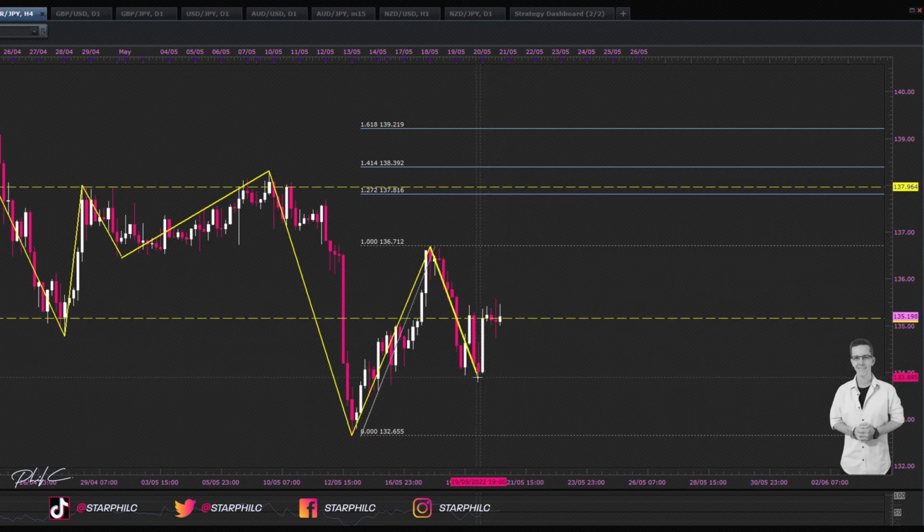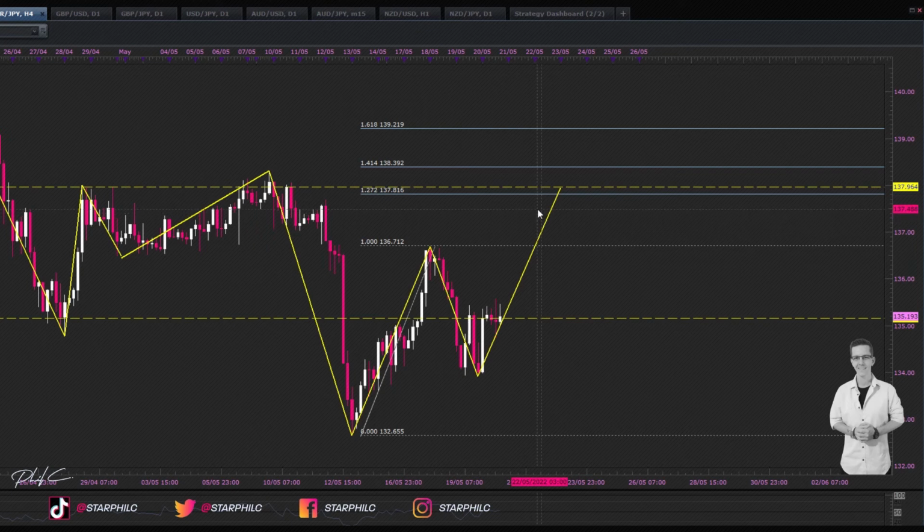If price action continues towards the upside, we will get a CD completion here at the 127 Fibonacci extension. So as we push all the way towards the upside, if price action hits the 127 Fibonacci extension, then we get our condition 3.